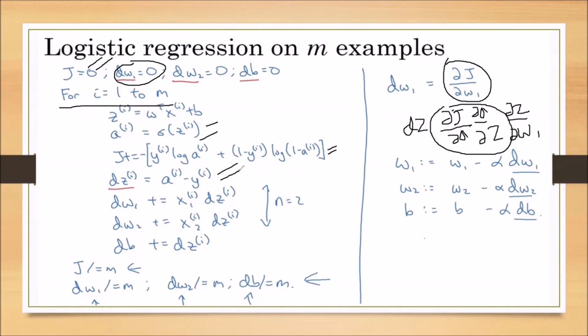Now we are calculating a minus y. We are multiplying this a minus y with x1. When we multiply a minus y with x1, we have calculated the differentiation of the cost function with respect to w1. When we multiply a minus y with x2, we have calculated the differentiation of the loss function with respect to w2.